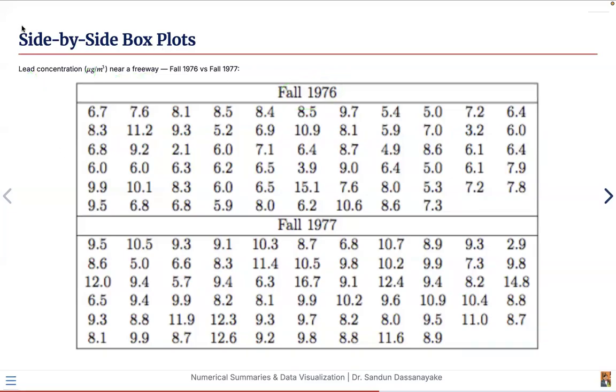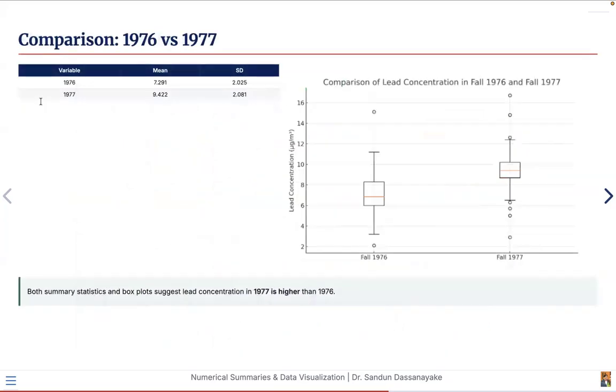Now, let's look at what we get. In 1976, the mean is 7.291, and then the standard deviation is this. We get a very similar standard deviation in 1977 as well, but we have a higher mean. When we draw a box plot, remember?